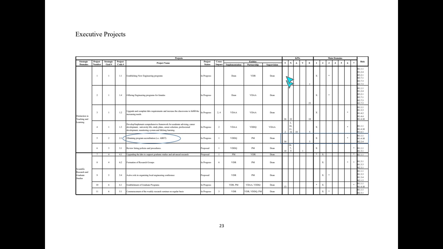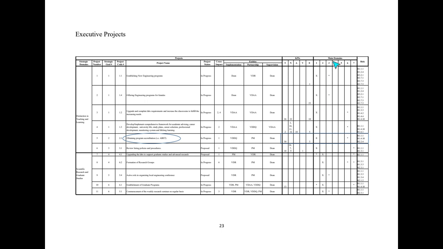We have the code T30 as a KPI, and we have E3. Those are the KPIs. What are the E30 and E3? We will see them in a few.